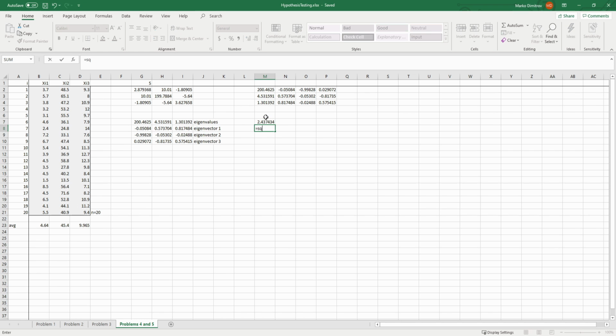Then we need to take the square root of this, multiplied with n minus 1 times p. So 19 times p, our p is 3. And then everything divided by n minus p, 17. Let's write it as n minus p times p. So we get a value.